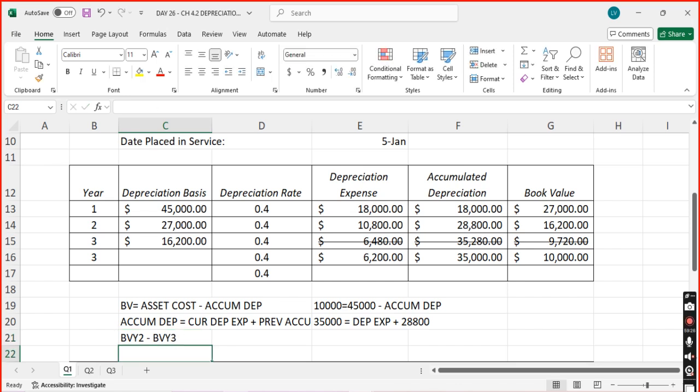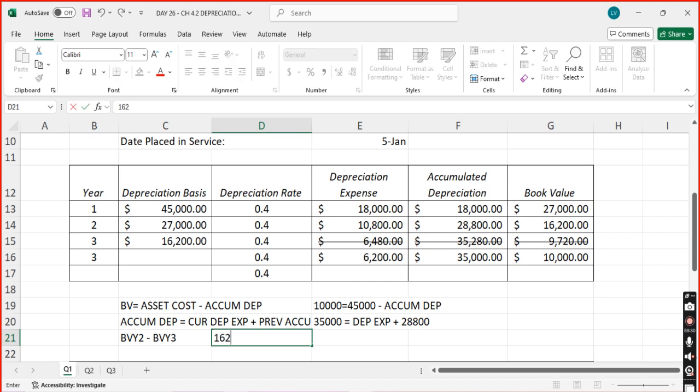So what is the difference between the two? So we said 16,200 minus 10,000. You get 6,200, then that's your depreciation expense, and then you work the rest out and it will pan out evenly.